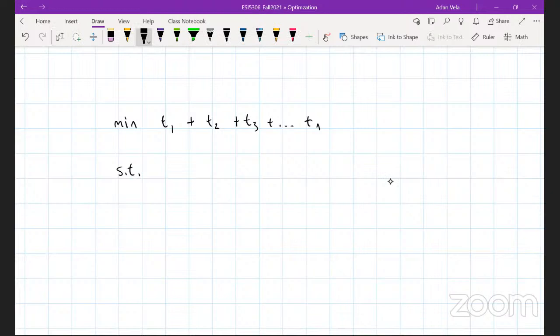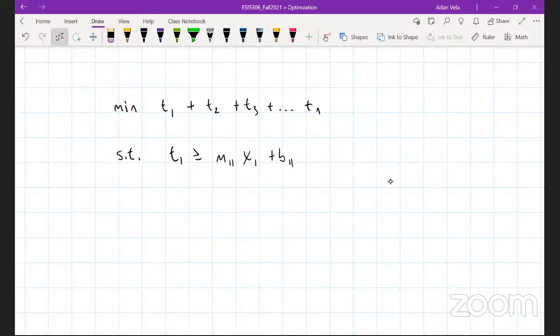In this case, we'll have something like m11 times x1 plus b11 is less than or equal to T1. Actually, let me write it the other way so that it looks like what we had before. So we can say T1 is greater than or equal to m11 x1 plus b11. And this will repeat for each of the tangent lines.